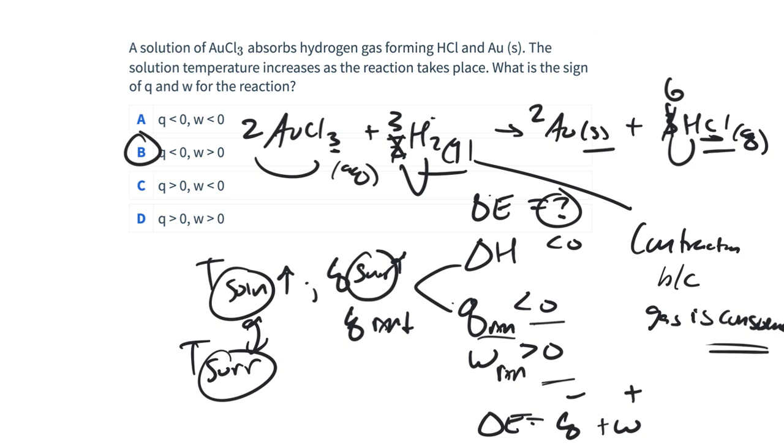We don't know which one's bigger than the other without having actual data. Now, you can probably presume that W is pretty small from what we were talking about earlier, that there's not much work change going on with the change of gas particles, so work's probably a small component. If the heat change is the large magnitude, probably going to win out. But again, if you're asked for the delta E sign, we can't determine it from this data in this question.